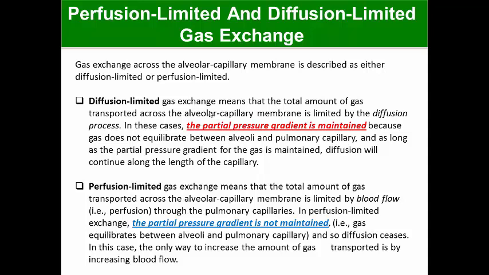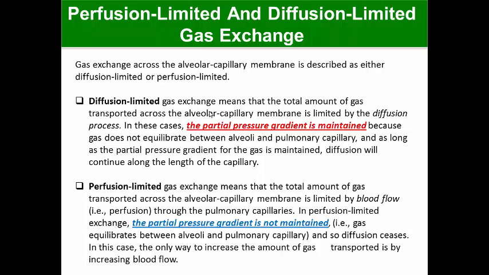So, in this case, the partial pressure gradient for the gas is maintained. And what maintains the partial pressure gradient of the gas? This is because the gas doesn't get equilibrated with the partial pressure in the alveoli. So there is no equilibration between the alveoli and the pulmonary capillaries.